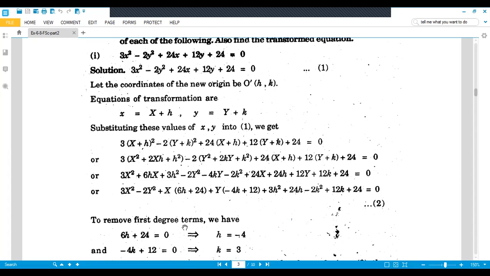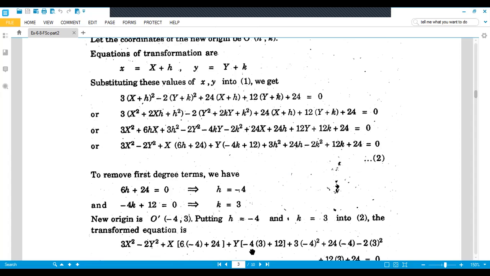Now to remove the first degree terms means those terms which have degree 1, like here x is degree 1, y is degree 1, so you remove these two terms. So this is 6h plus 24, so 24 shifted to the other side, it will be minus 24 divided by 6, so we get minus 4. And 4k plus 12, so 12 shifted to the other side, minus 12, minus minus cancel, 4 divide, so k equal to 3.